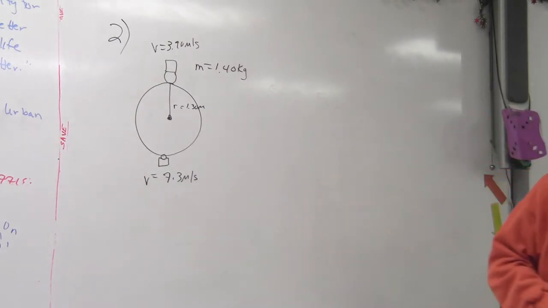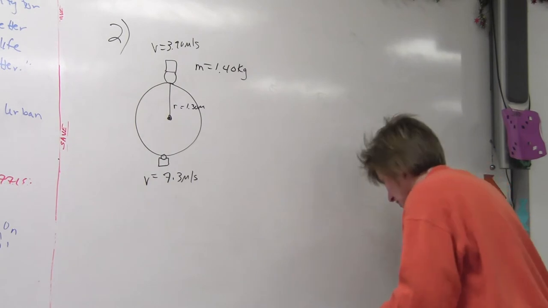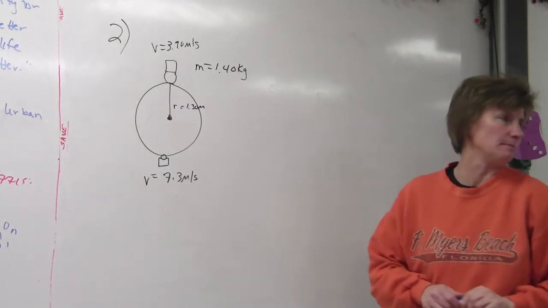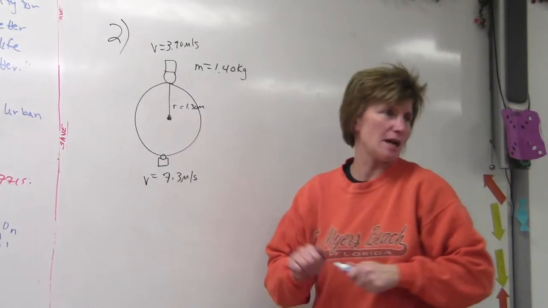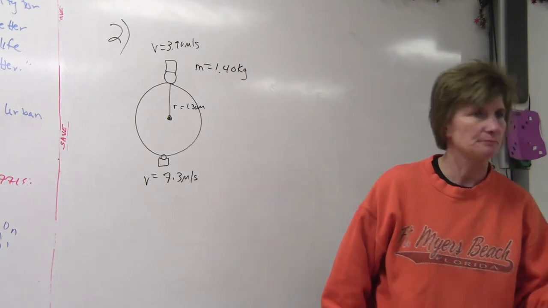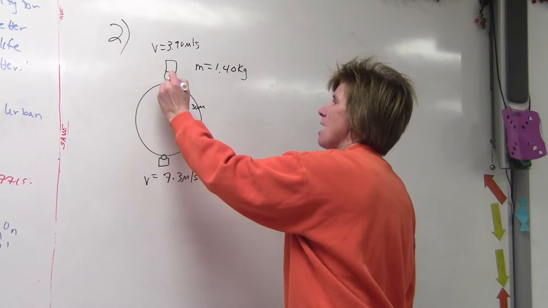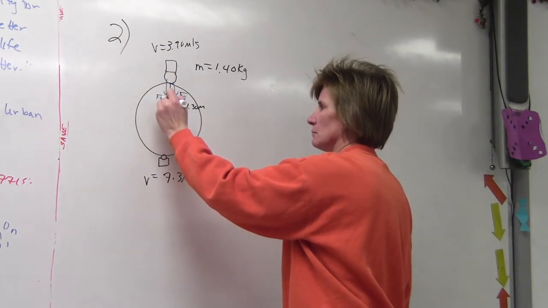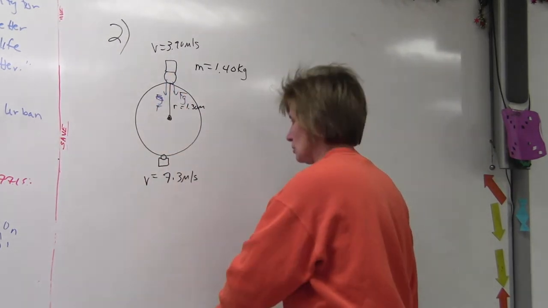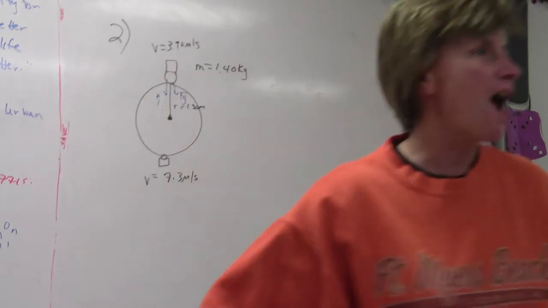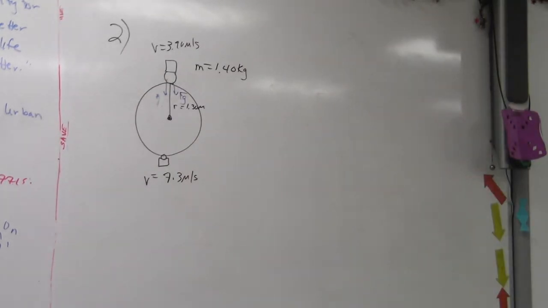So, now, let's look at our forces at the top and the bottom. What's my force at the top? I don't know how to do that. In this case, my force of gravity is down, and my normal force. Excuse me, is this on a track? No. Is this on a surface?